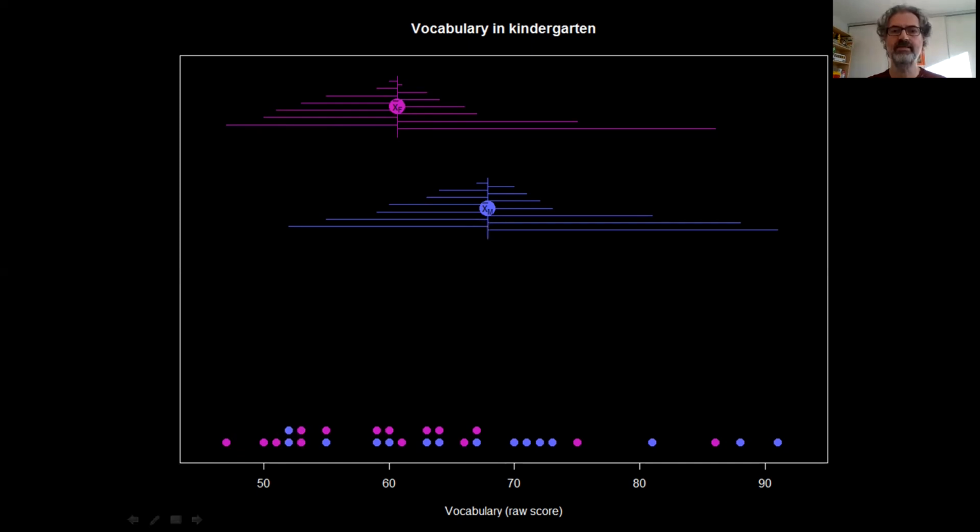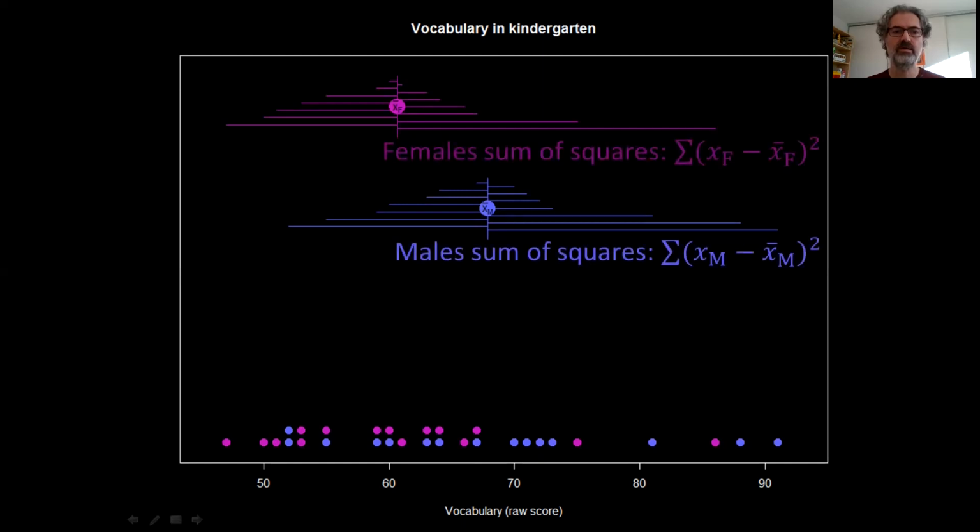So we get a different reference for each group. Instead of subtracting the grand mean from every data point, we subtract the mean of the corresponding group. And so these are called the group 1 sum of squares, or the female sum of squares for the example, and the male sum of squares.